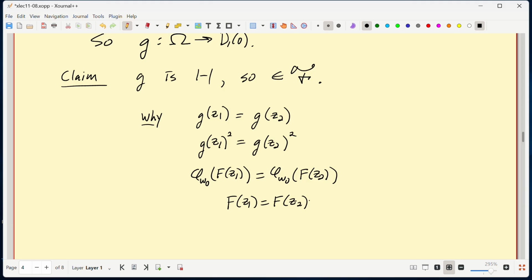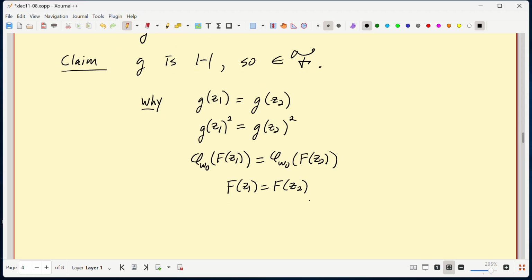I guess I'm just using the fact that the composition of 1-to-1 functions is 1-to-1 here. And so z1 equals z2, because these things are 1-to-1. Phi sub W naught's 1-to-1. Okay, so that's easy.